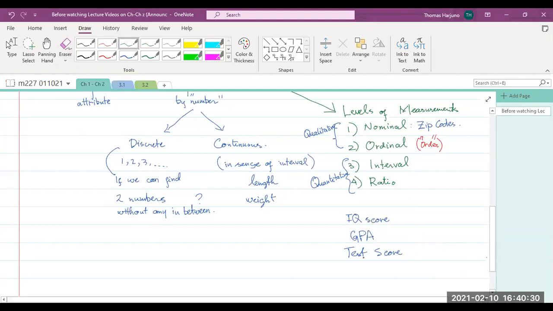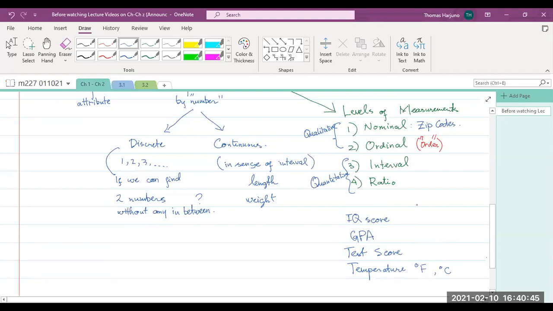One more, temperature, in degrees Fahrenheit and degrees Celsius. Why do we say so?